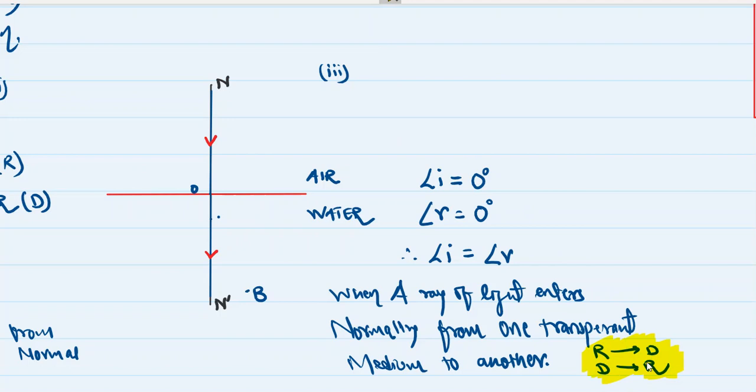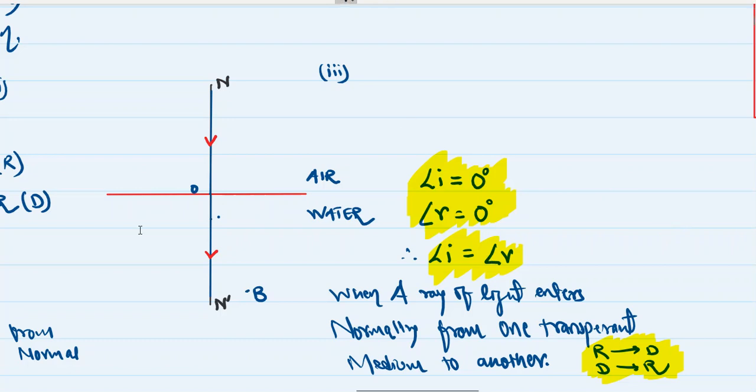When it enters normally, it does not change its path. So refraction does not happen. Definitely the speed of light will increase or decrease, but it will not bend. And the angle of incidence will be equal to the angle of refraction, and both will be equal to how much? 0 degree.